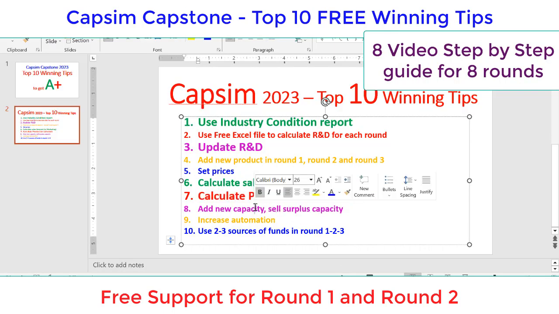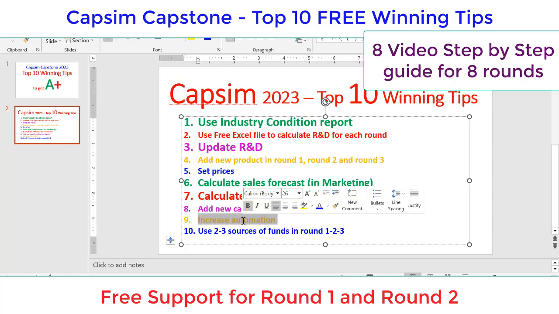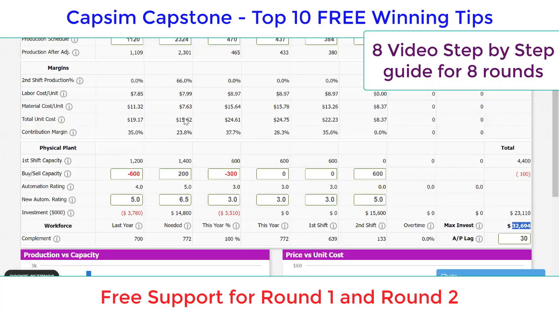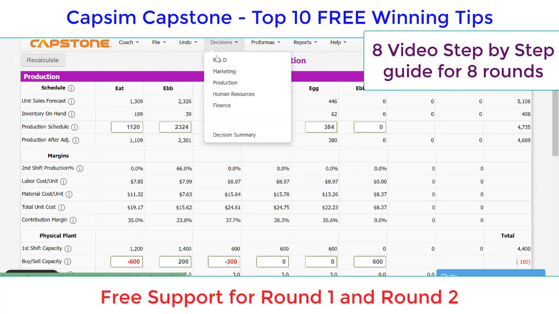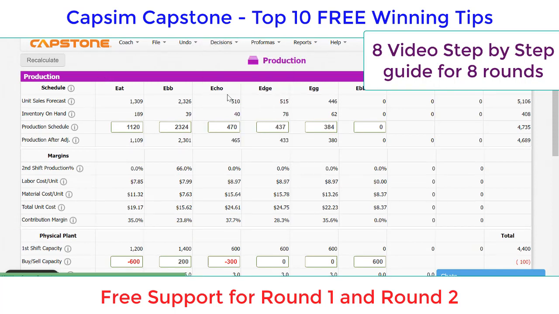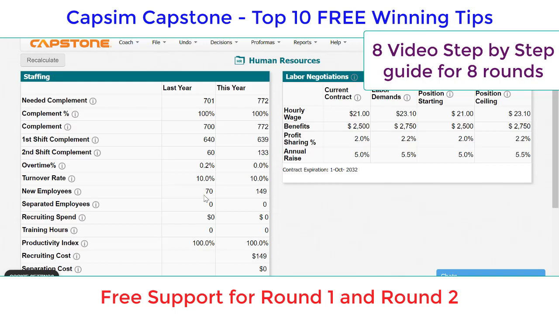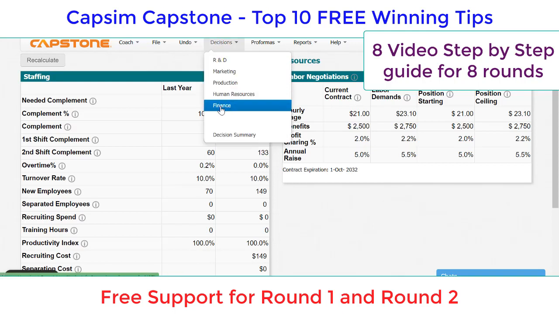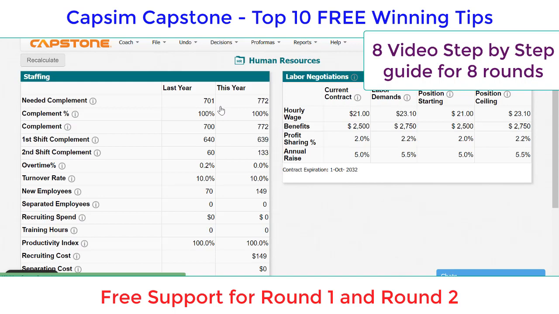So tip number 8 is we add new capacity, we sell the surplus capacity, and also we increase automation, right? And now we come to the last but not least, the most important decision, which is finance. For human resources, we often have no decision to set in rounds 1 to 3. It will start in round 4 and last to round 8, right?